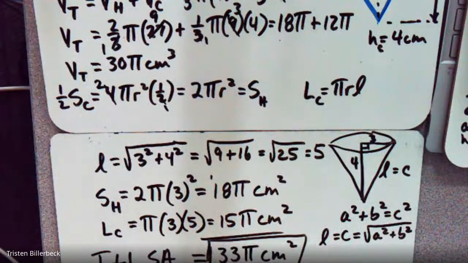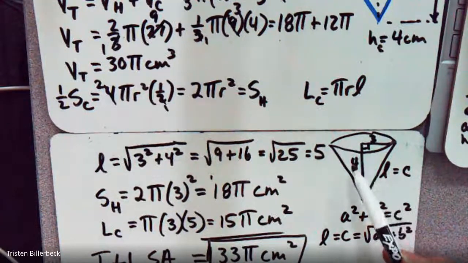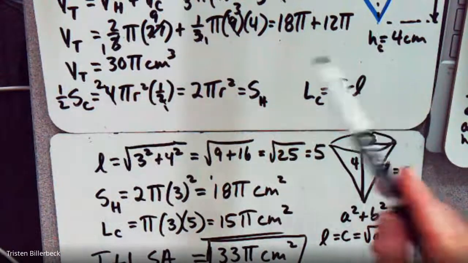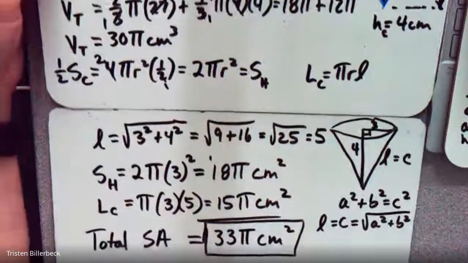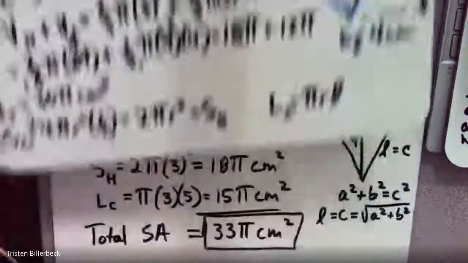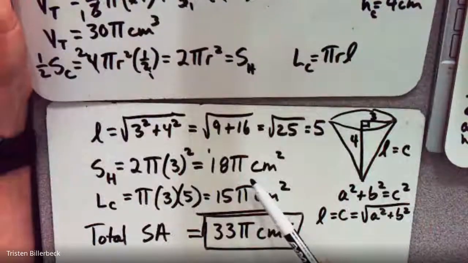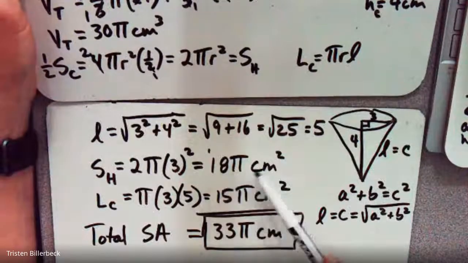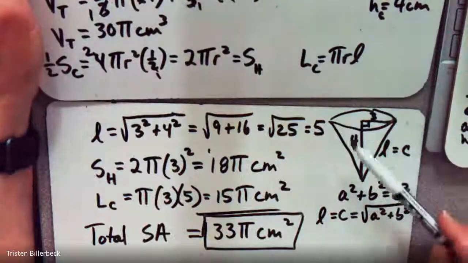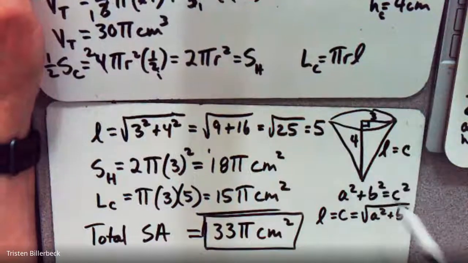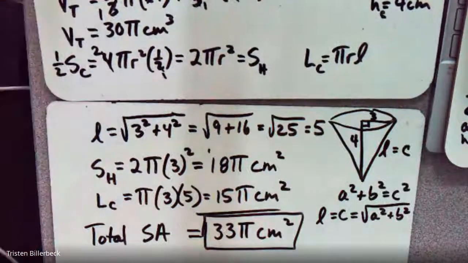So again, you break it up into parts. We have the hemisphere surface area, which was 18 pi centimeters squared, and then the conical surface area down here, just this part, not the base.